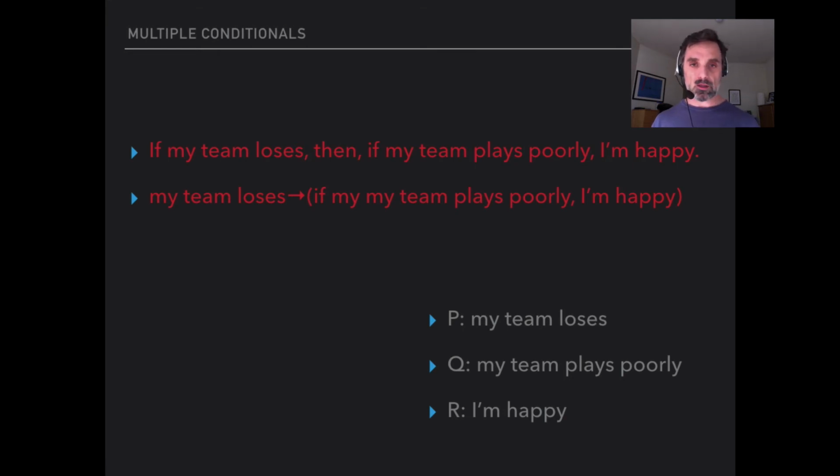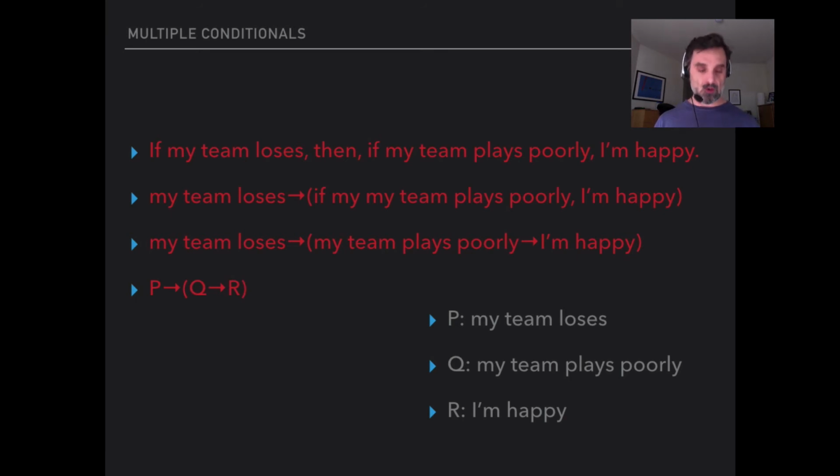Now when we look at the consequent, we have, if my team plays poorly, I'm happy. Well, that's another conditional. The antecedent is what the if attaches to, which is my team plays poorly. So we have my team loses, arrow, and then inside of the parentheses, my team plays poorly, arrow, I'm happy. And now we are down to our atomic English sentences, and so we can replace those with our sentence letters, and we have P, arrow, parenthesis, Q, arrow, R, close parenthesis.